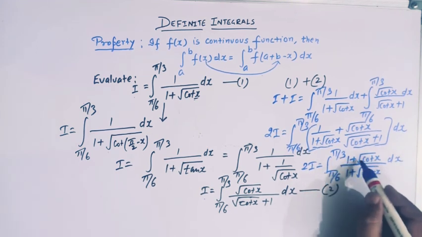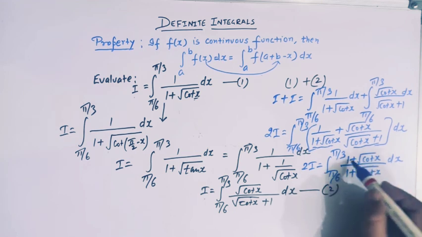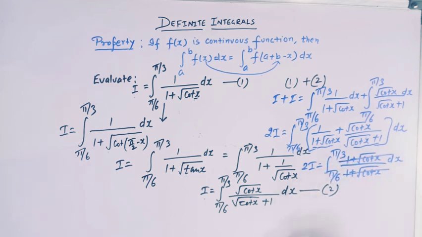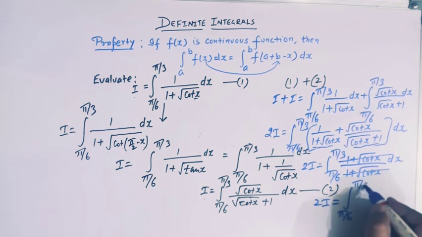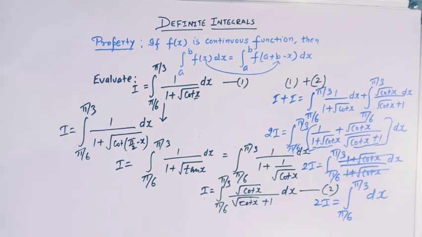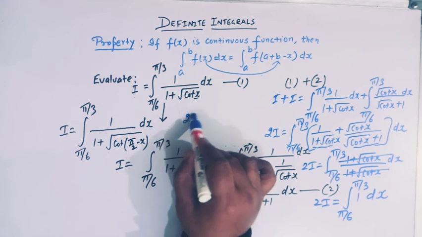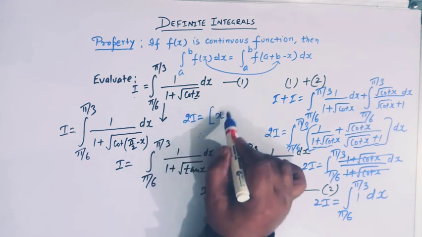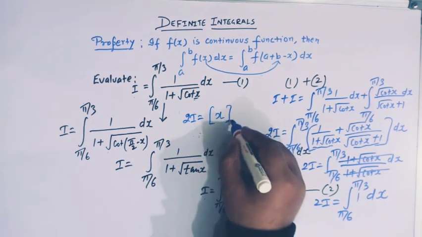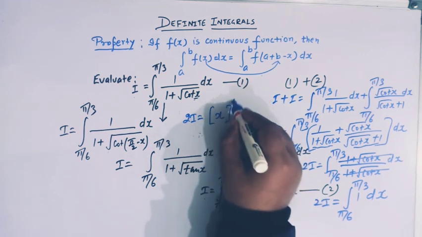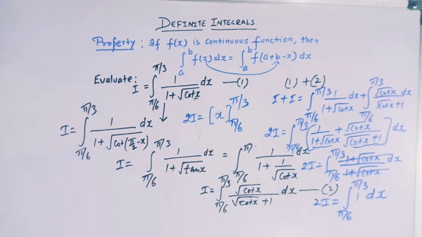So here the numerator and denominator are the same, so these two terms get cancelled, so we are left with the integral from pi by 6 to pi by 3 of dx, right? So the integral of 1 dx is x, so we have 2I equal to x, and the limits are from pi by 6 to pi by 3.